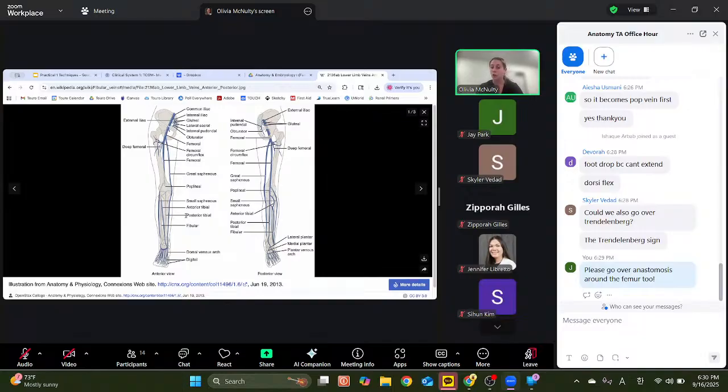If we damage our obturator nerve, remember that does our medial compartment, so we're not going to be able to do adduction. We're going to take out adductor longus, brevis, and magnus. And you just do that all around the compartments. So lateral compartment, if we damage the superficial fibular nerve, then we're not going to be able to evert the foot. Does that make sense for injuries?